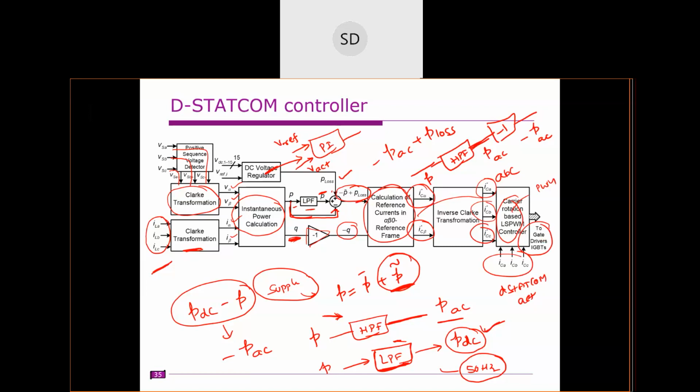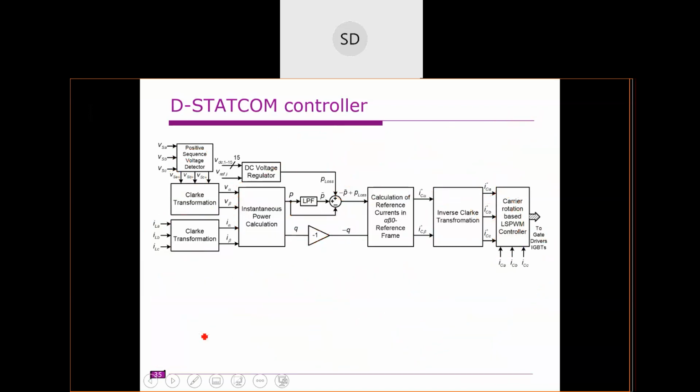So this is the direct control scheme, how to generate the reference signal by the direct control scheme. In the indirect control scheme, everything is the same. The first change occurs here: Q will be 0, and here you require a low pass filter. Just extract minus PDC.